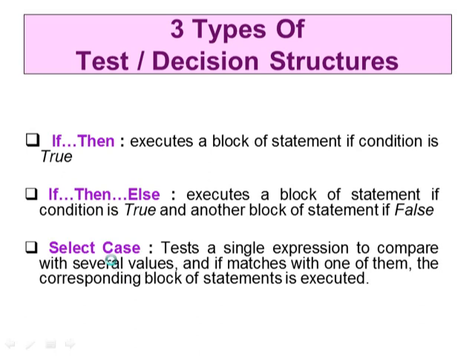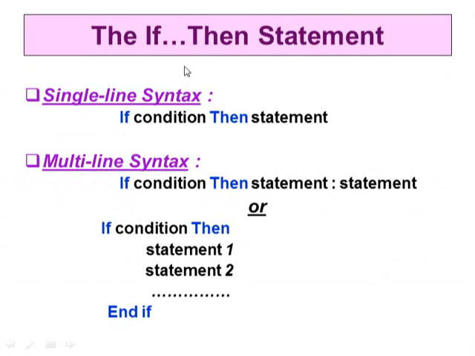Alright, so this is the syntax for the if statement, which is a very simple one. That is a single line statement, if condition then statement. Now here is a distinction between this language, VB.NET, and other languages that you have known so far.